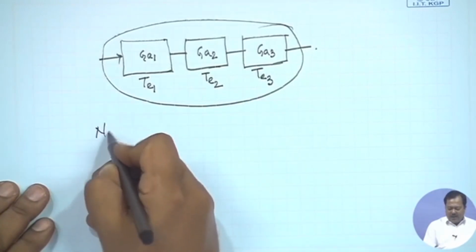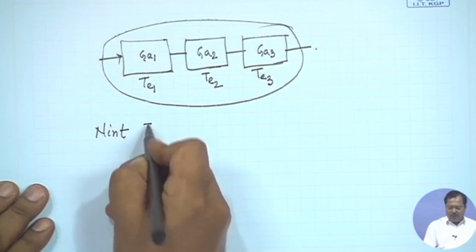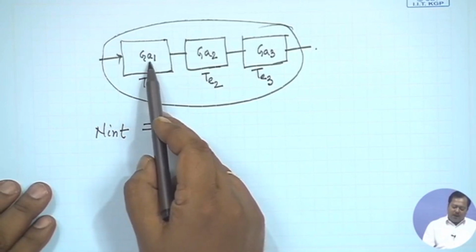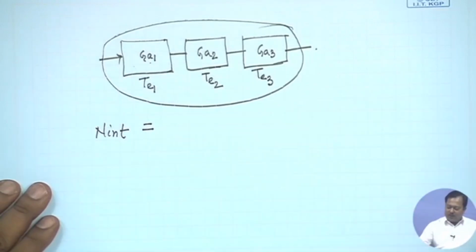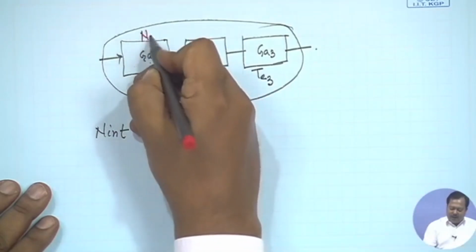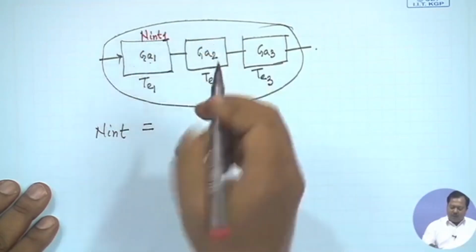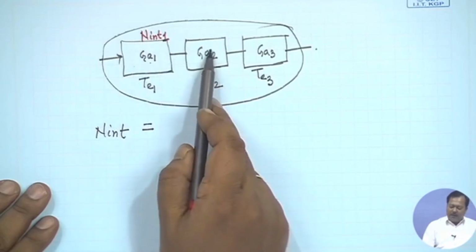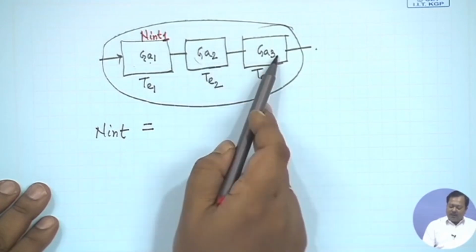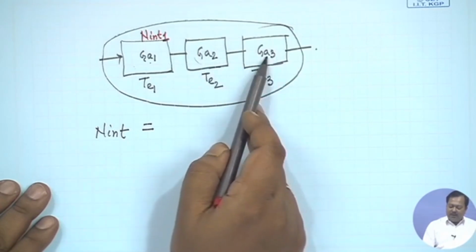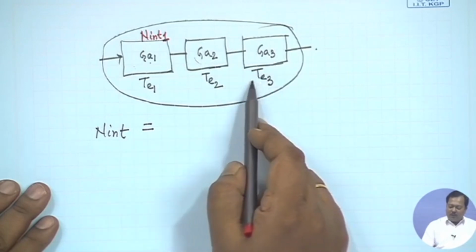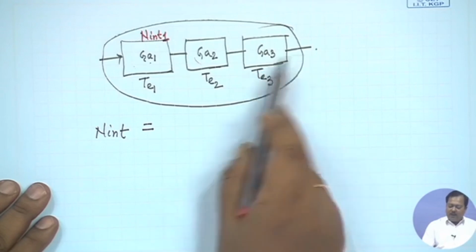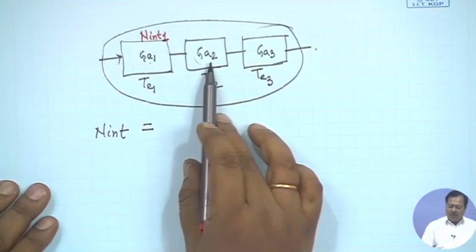Then N internal we can write down as follows. The first amplifier, whatever noise it produces, let us say that is given by N internal 1. This N internal 1 will be amplified by GA2, and further amplified by GA3. But whatever noise is produced by the third component is not amplified by GA1 or GA2.